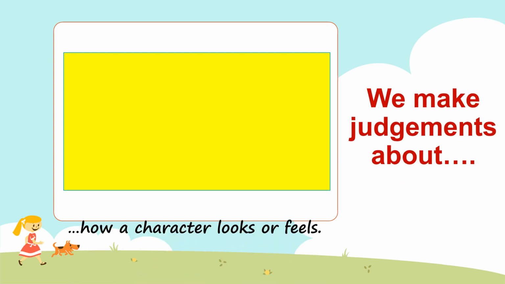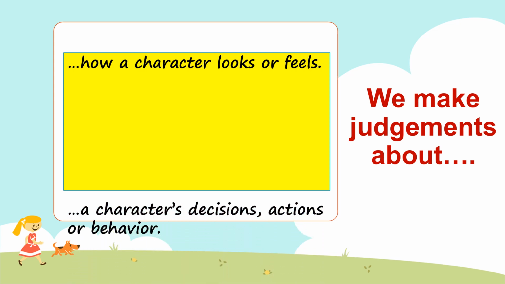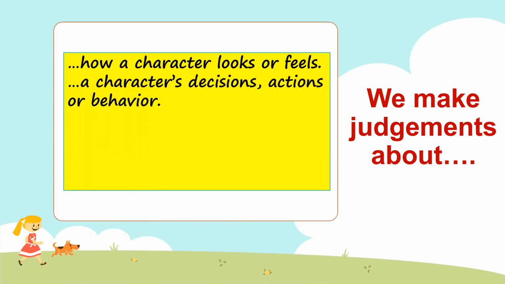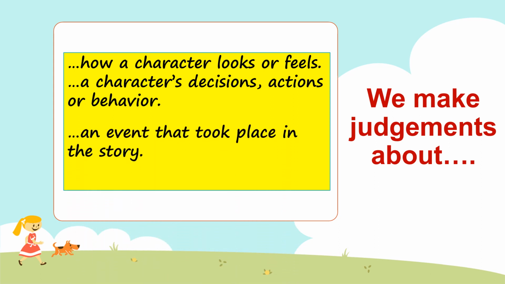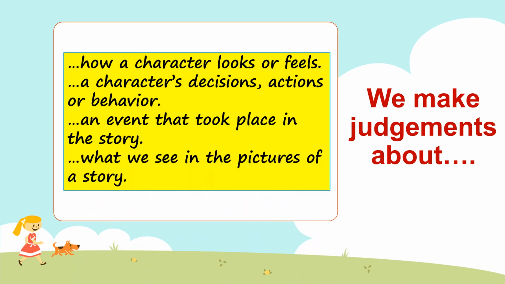In our last video, we learned that we make judgments about how a character looks or feels, a character's decisions, actions, or behavior, an event that took place in the story, as well as what we see in the pictures of a story.